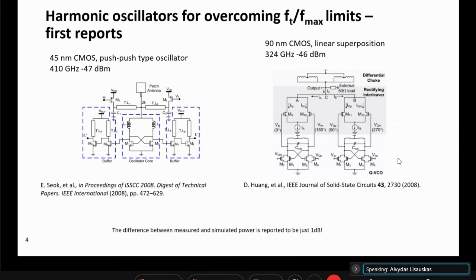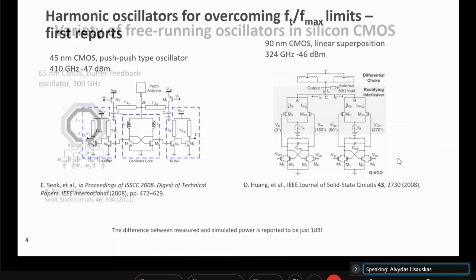Interestingly, they claimed that simulation and results differed by about 1 dB. That means PDKs or simulation tools, even in 2008, were very precise in predicting the performance of something more complex and already entering the terahertz frequency range.